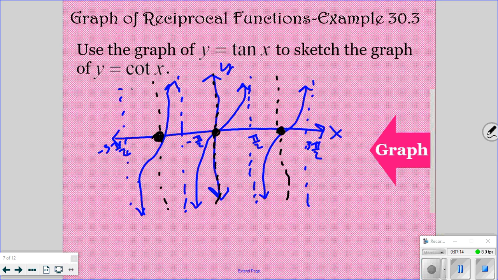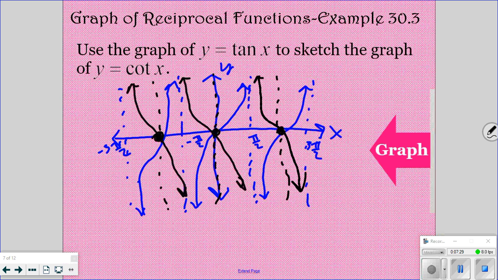And then it's going to actually end up flipping this direction. And so it's supposed to have the same curve as tangent. It's just rotated, translated, flipped, whatever you want to call it.